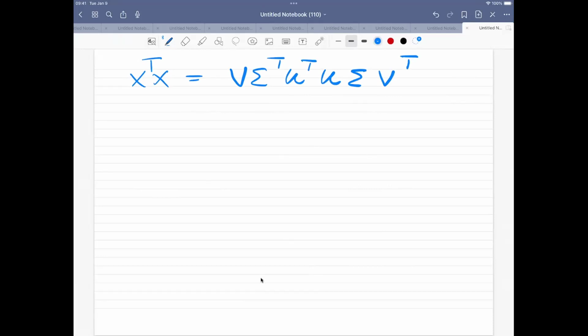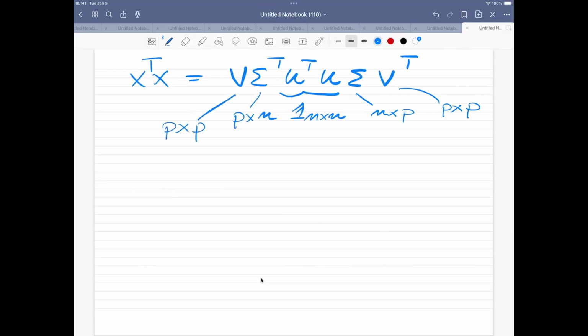Now, we know that in this specific case, this is just the identity matrix, but this has dimensionality n times n. Now, this guy here has dimensionality n times p. This has dimensionality p times p. This guy here goes like p times n. And this one has dimensionality p times p.